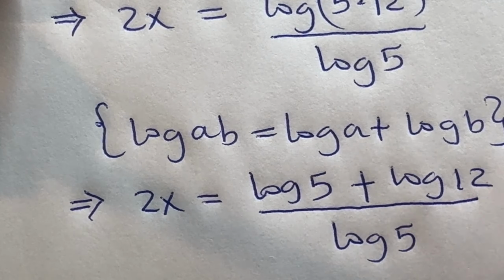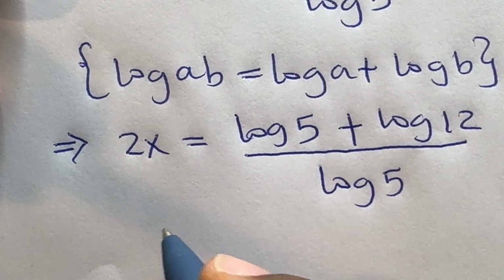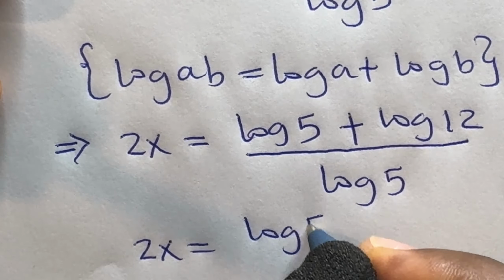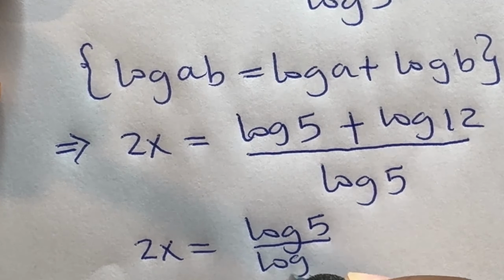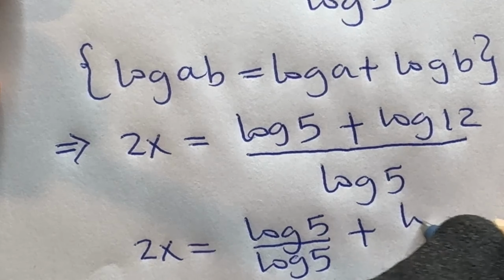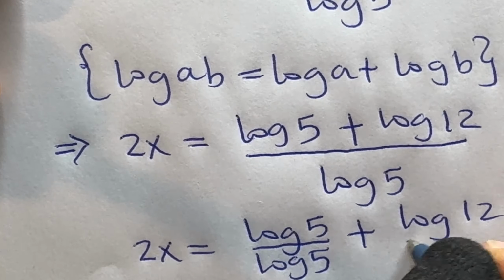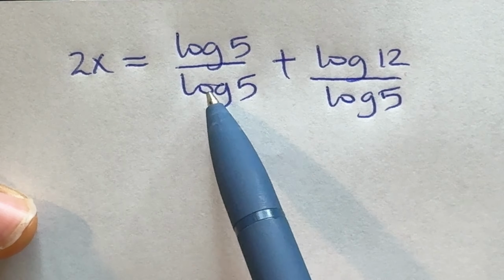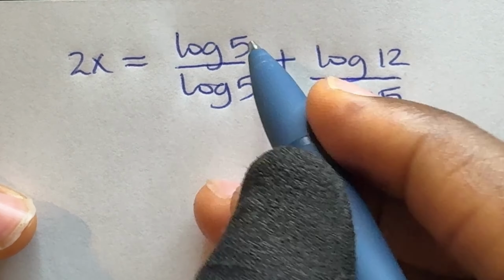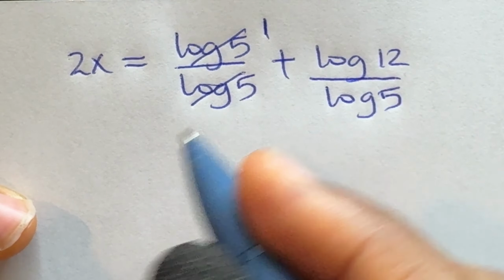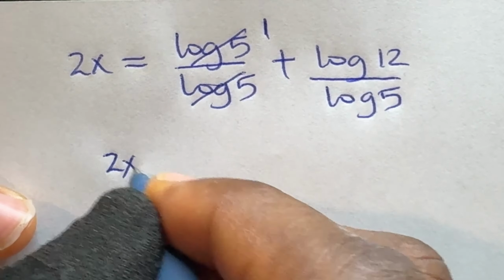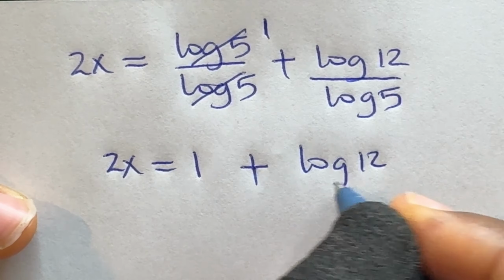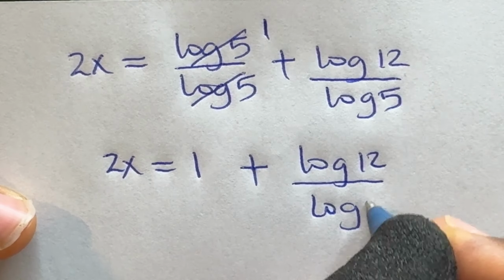We can separate this fraction to give us 2x equals log 5 over log 5 plus log 12 over log 5. If we look at this clearly, we see this divides this, giving us 1. So we would have 2x is equal to 1 plus log 12 over log 5.